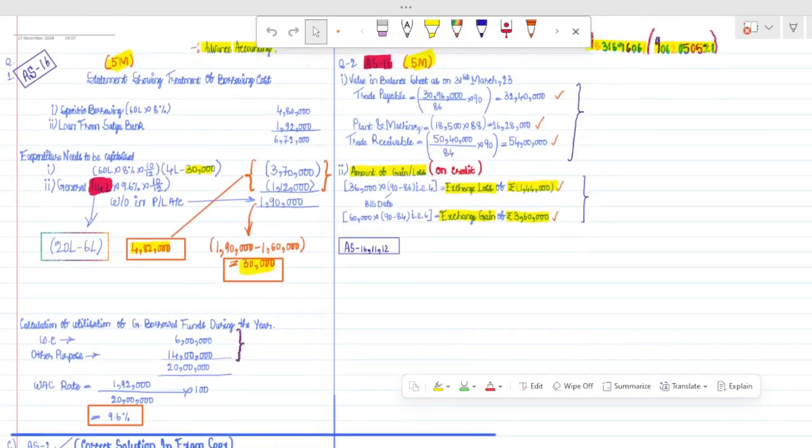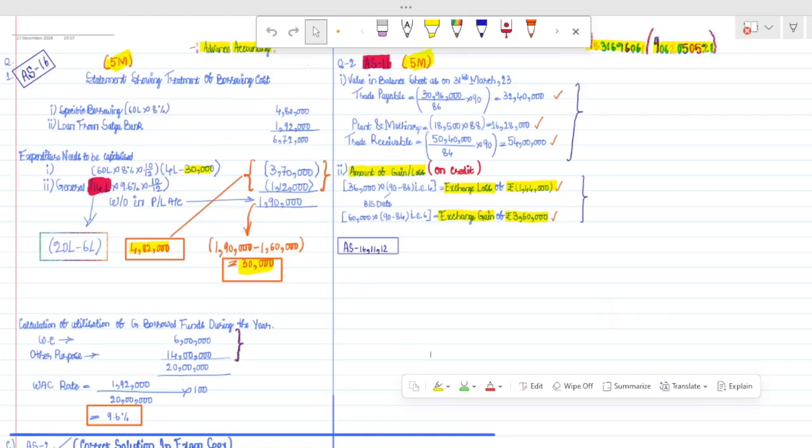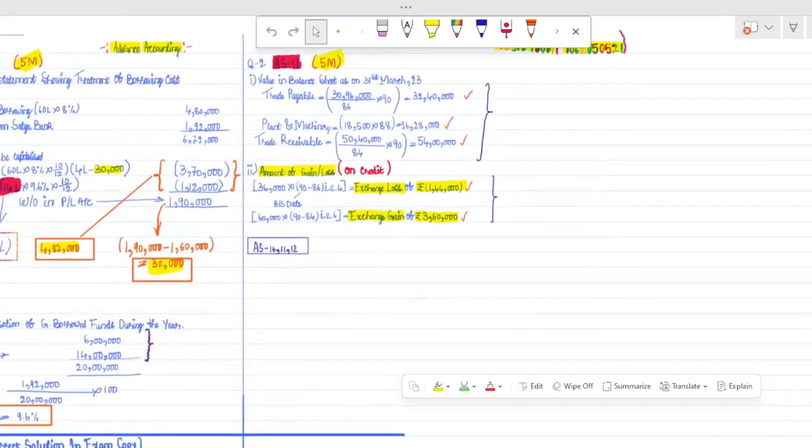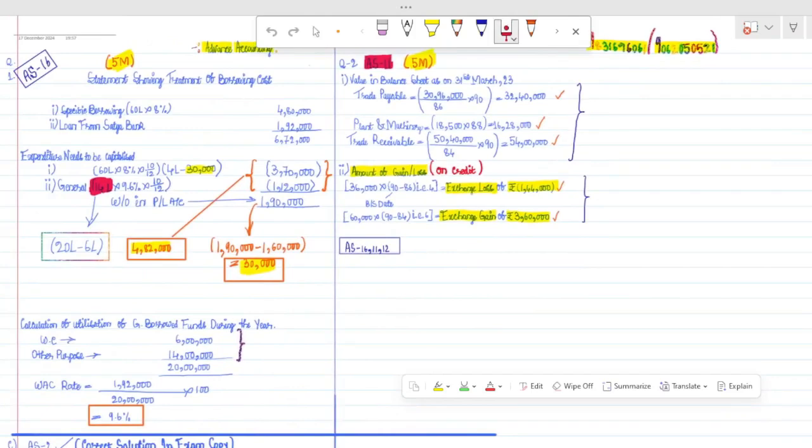This is the correct way to solve questions from AS16. By the answer of the examination body, you can get 3 out of 5, because the solution of the examination body is different and the answer won't match for the written-off amount in the P&L account.